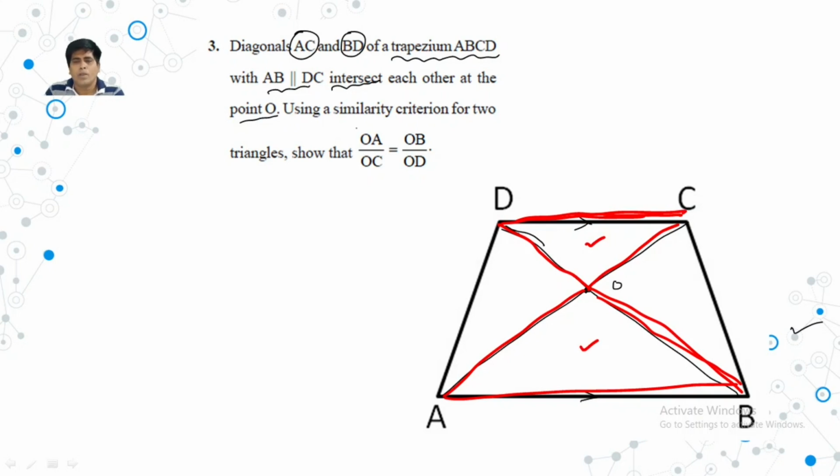Now, you already studied in previous classes that when two lines are parallel, a line acts like a transversal. So this angle and this angle are equal. What are these angles?